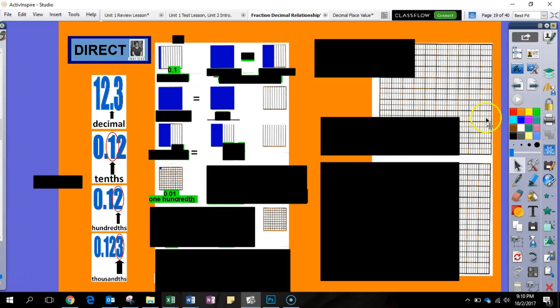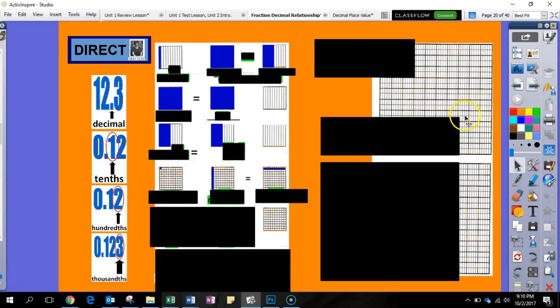On the next row, we're going to shade in 1 full column of those 10 little boxes, and over here we're going to put an equal sign, and then we're going to shade in the same amount but going horizontally to try to prove a point with this. So if we shade in one row of 10 little squares, we have 0.1. We've already said that up top here, that this 0.1 is 1/10.